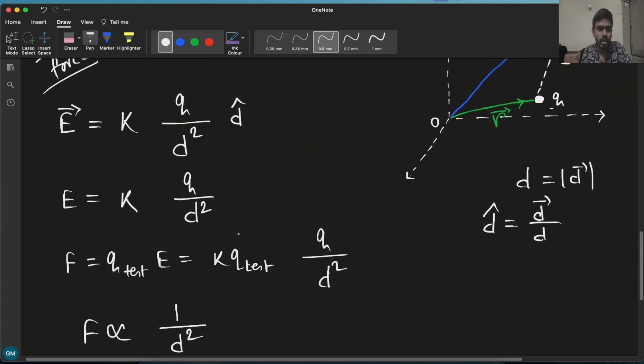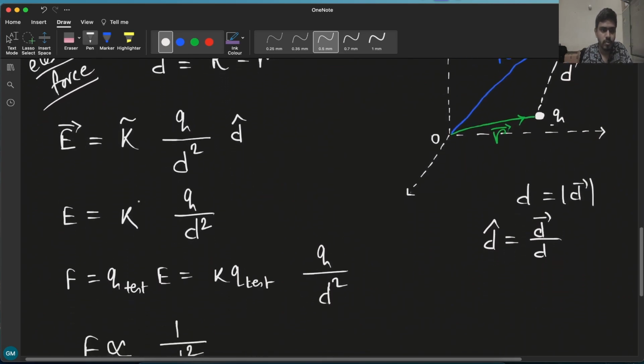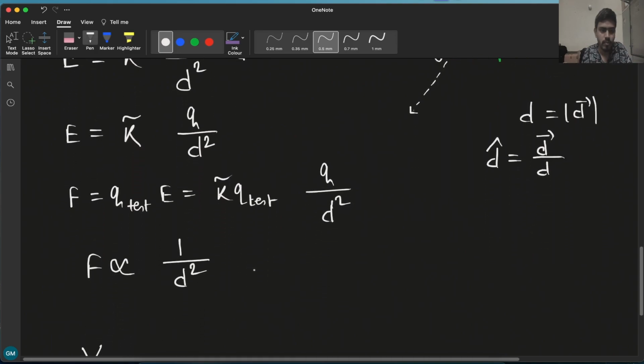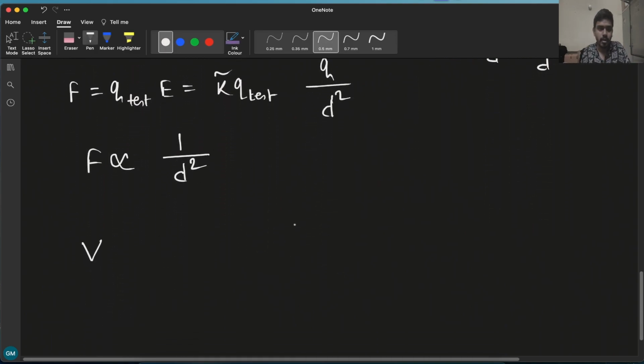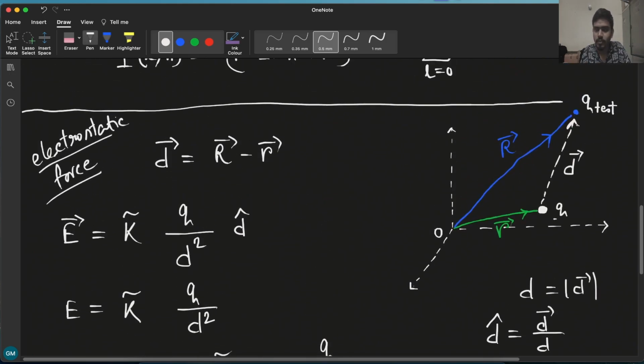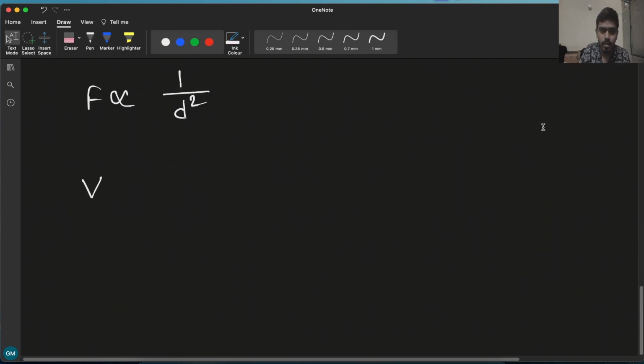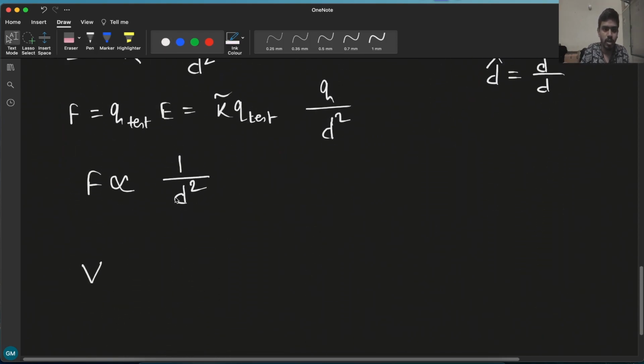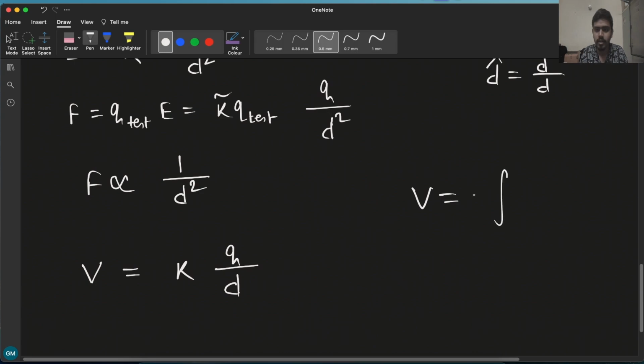Now if I write the potentials corresponding to that, say V, with a constant k tilde, the potential at this point, where the test charge is located, will be some constant times q by d, because V is basically the integration of minus E dot ds.